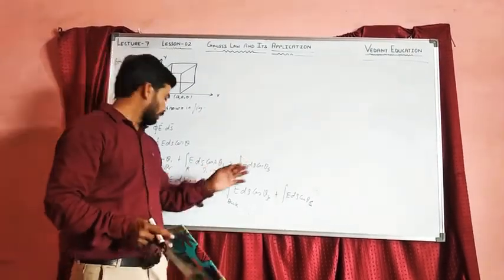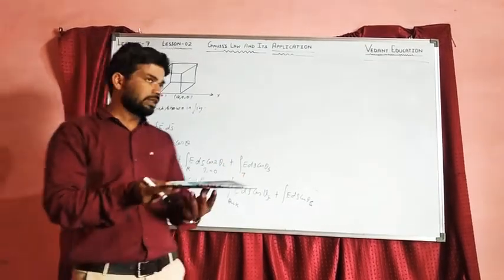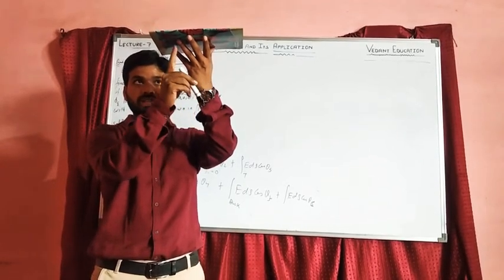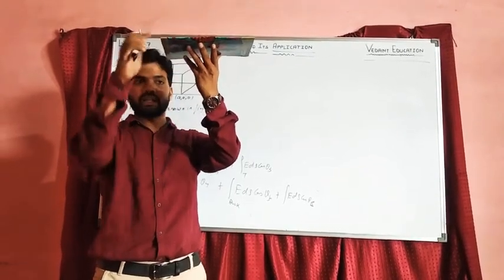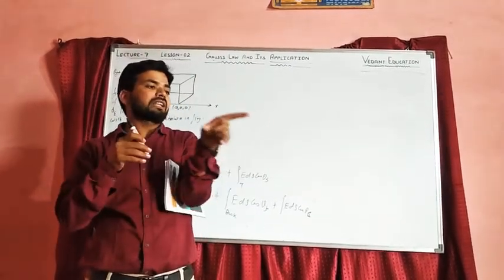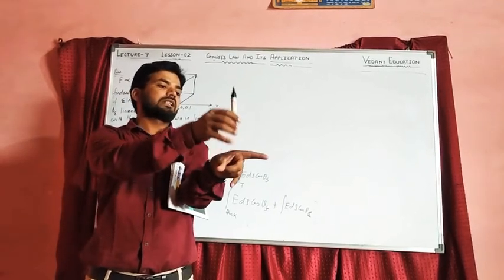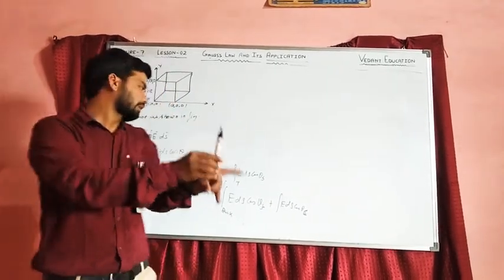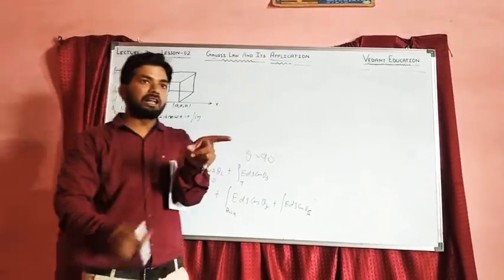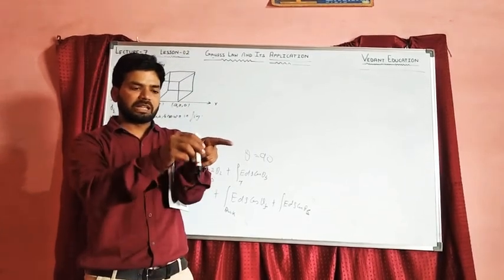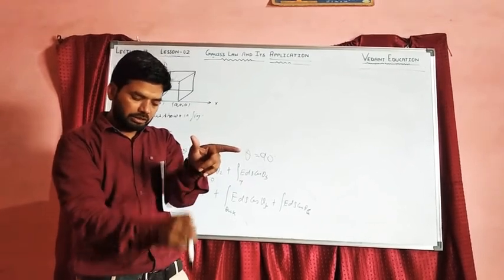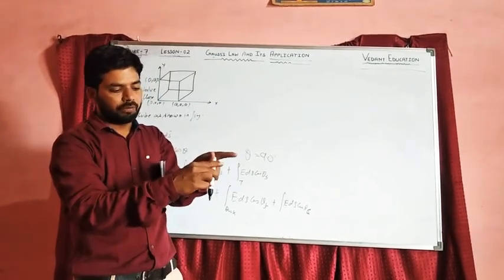Now see top, bottom and back, front. This one is the top. The direction of the electric field is this one, and the direction of the area vector will be along this one. So the angle is 90 degree. Here theta is 90 degree for the top, and also for the bottom. For the bottom, what will be the direction of the area vector? It is drawn perpendicular to the surface area, this one.